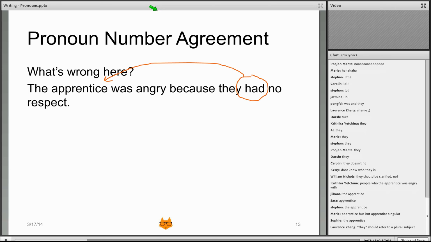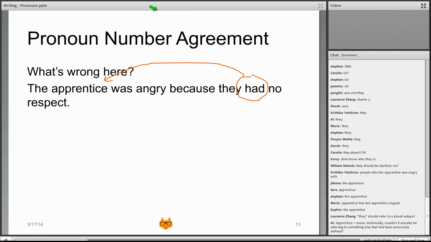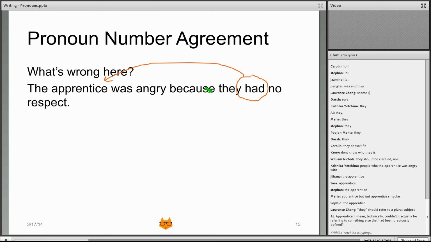This is supposed to be circling the word they. Let's draw that on here a little bit more clearly. So the word they here is the pronoun referring to apprentice, which is the referent here. So it's not unclear, but it is wrong in number.